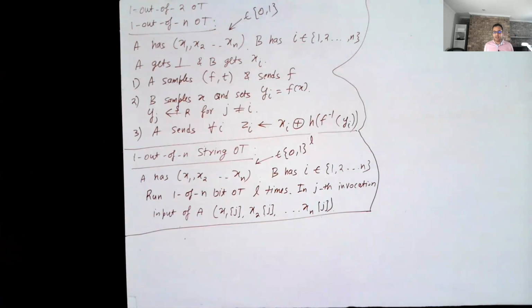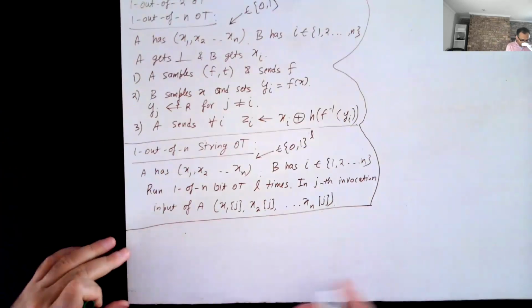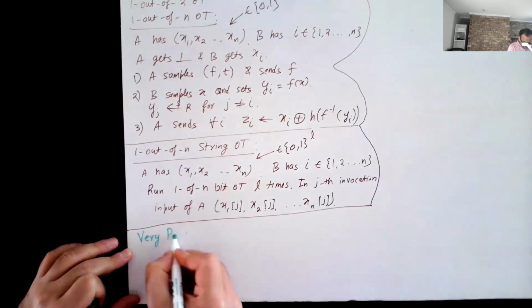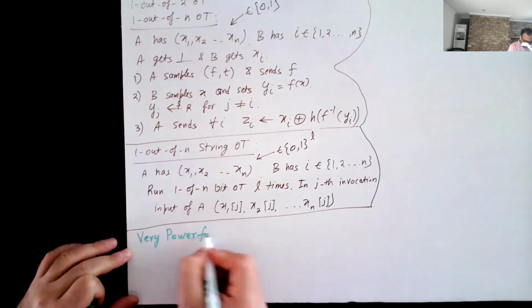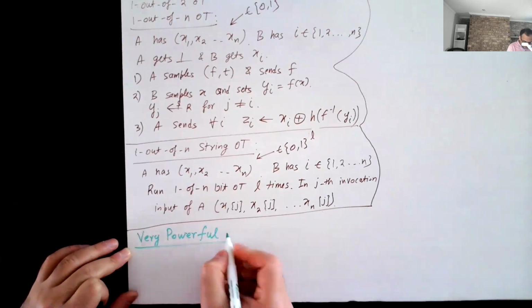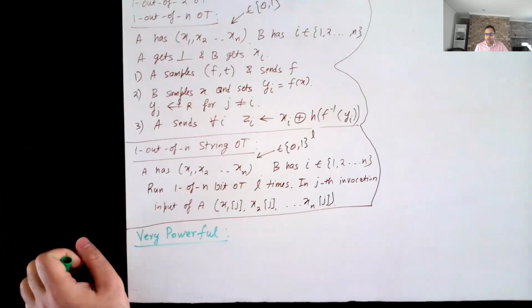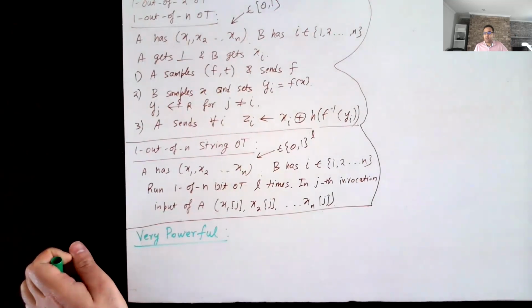And now let me try to argue that this is really powerful. I have already constructed a secure two-party computation for most functions.